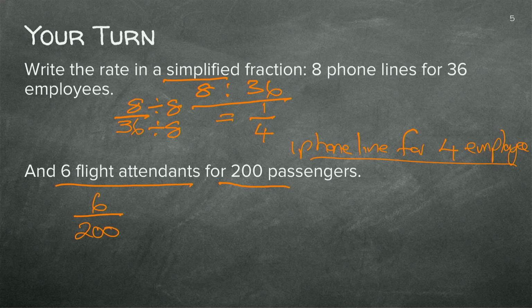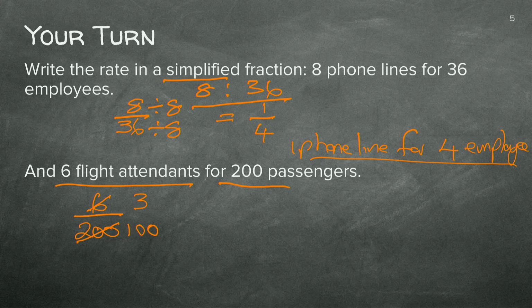And if we simplify that, what can we divide here? So it's not as easy as those, where 6 will not go into 200. So how are we going to divide that? Let's try and make it simpler. We can divide this by 2. We're going to divide this by 2.